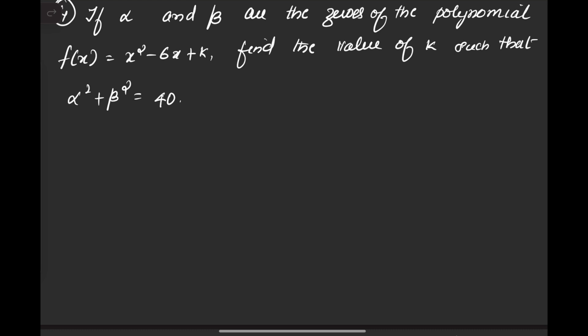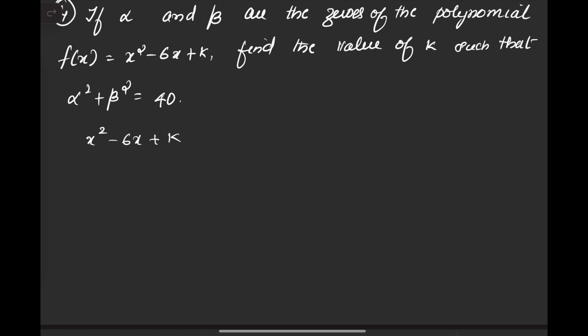So here, first we will find the sum of the zeros and the product of the zeros of the given polynomial. We have x squared minus 6x plus k.